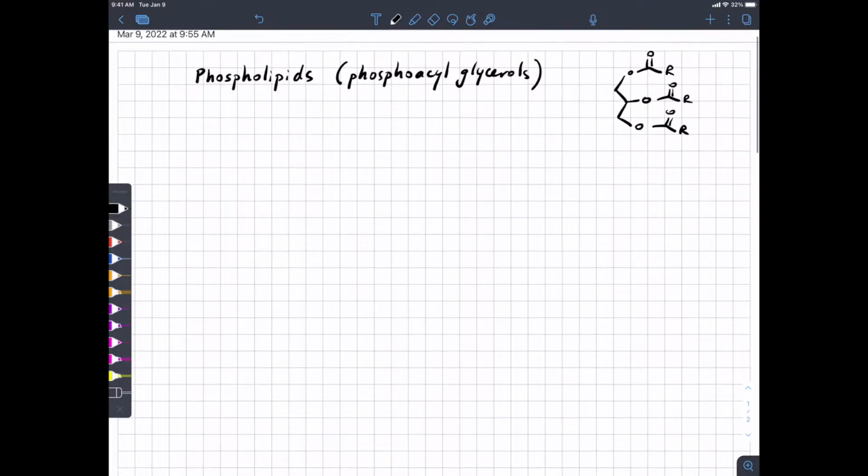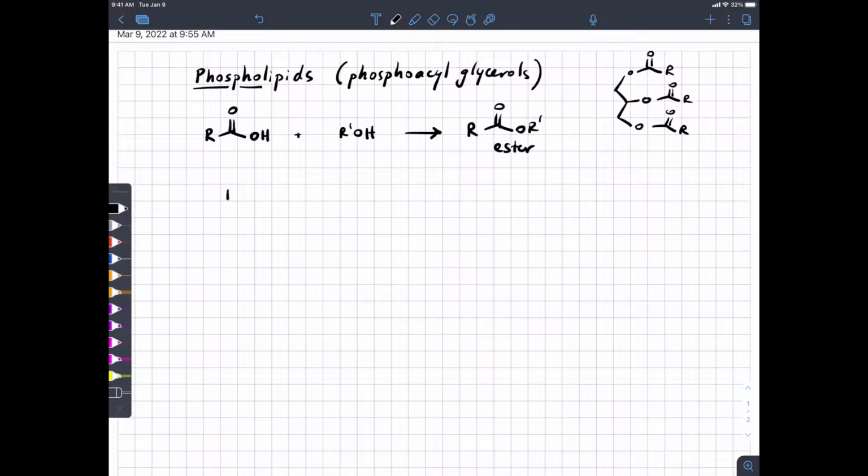Now just a brief review at the beginning before we deal with this phospho thing. You've recognized the carboxylic acid before and how you can take an alcohol and react it with a carboxylic acid to give yourself an ester. Right? You recognize an ester.